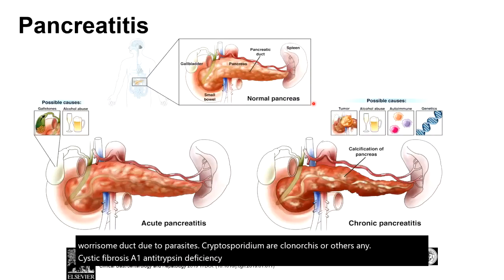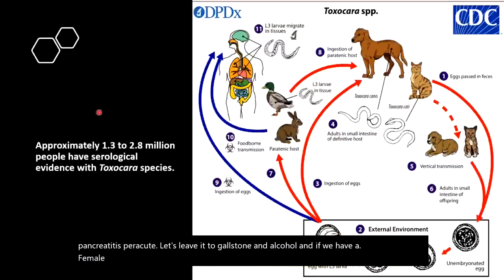So for chronic pancreatitis, I would like you to remember it could be a tumor, it could be chronic alcohol intake, it could be autoimmune, or we can have some genes that will produce a chronic pancreatitis. For acute, let's leave it to gallstone and alcohol, and if we have a female, hypertriglyceridemia. Parasites.